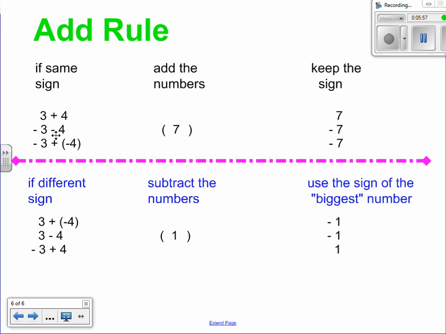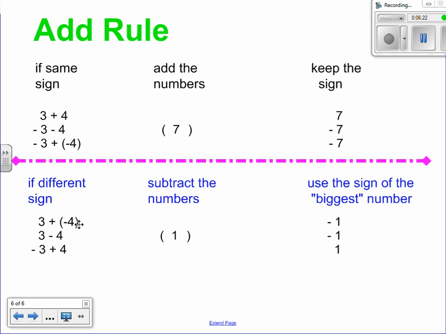Get it? So anyway, if the signs are the same, positive, positive, negative, negative, you add the numbers, 3 plus 4 is 7, keep the sign that you start out with. Positives, positives. Negatives, negatives. Always.